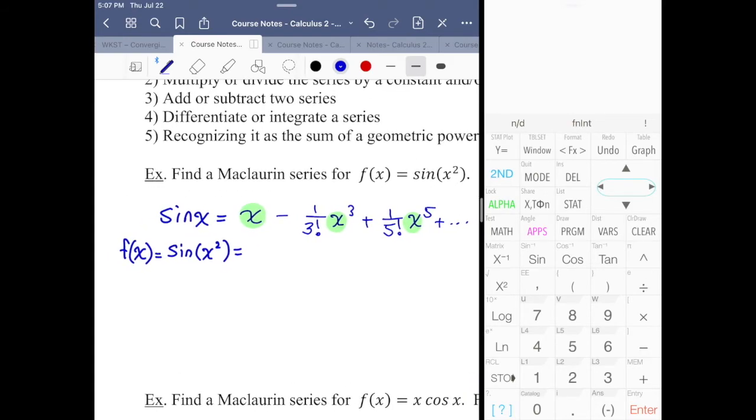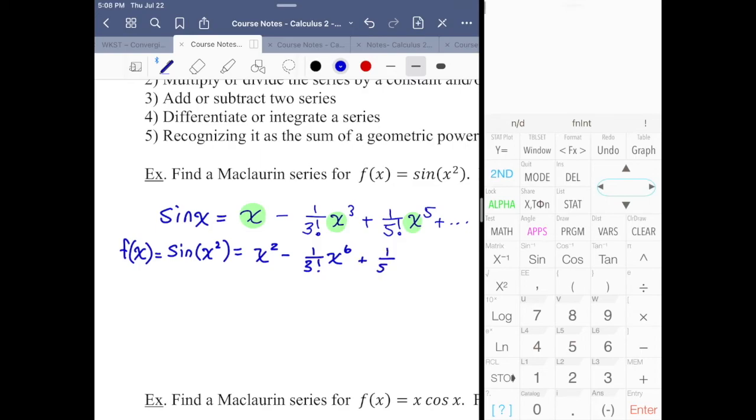All right, so it says find the first four non-zero terms. We only have three indicated here, but we can figure out the fourth one pretty easily just by following the progression. So instead of an x, it's an x squared. Minus 1 over 3 factorial x squared to the third, so x to the sixth.